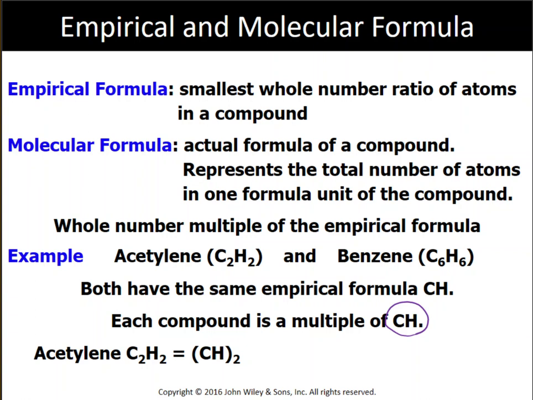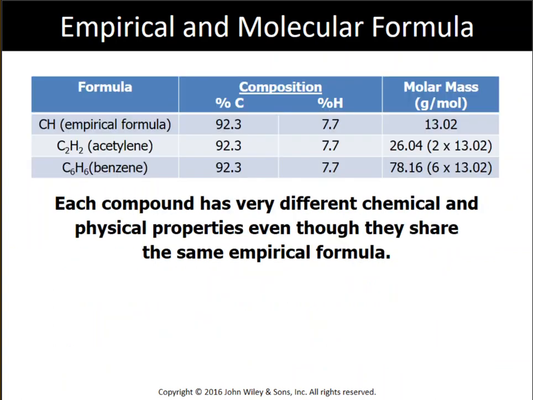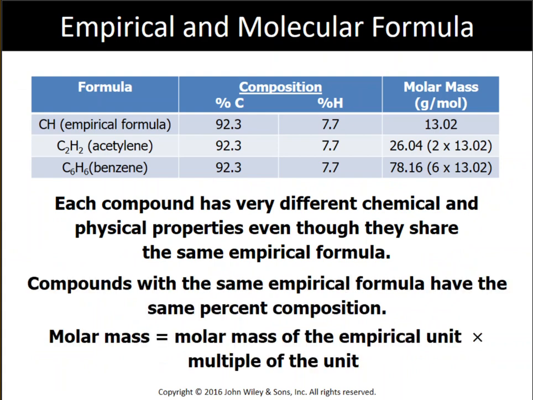Now, if you have two empirical formula units, you will end up with acetylene, C2H2, and if you have 6 empirical formula units, you end up with benzene, which is C6H6. Many compounds can have the same empirical formula, but their molecular formulas are going to be different.